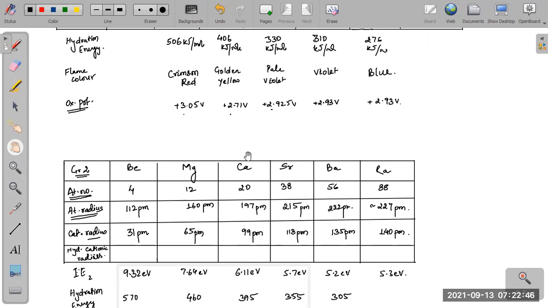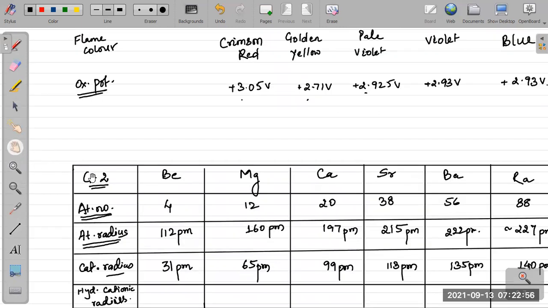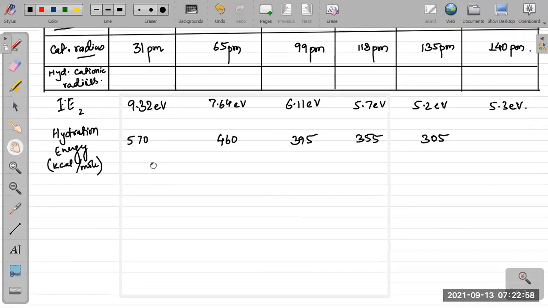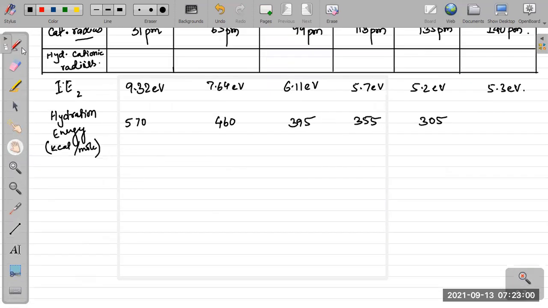That means they are more hydrated, and that is also expected based on their charge upon radius ratio, which is greater than group 1 elements, and therefore definitely their hydration energy has to be greater than group 1 elements.